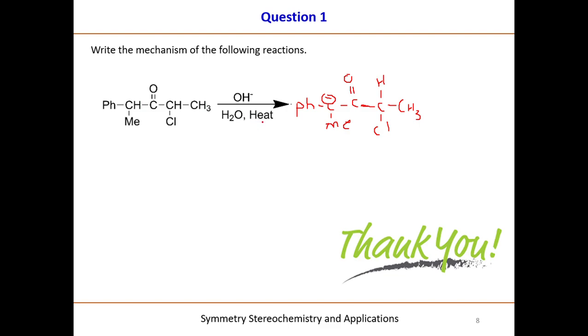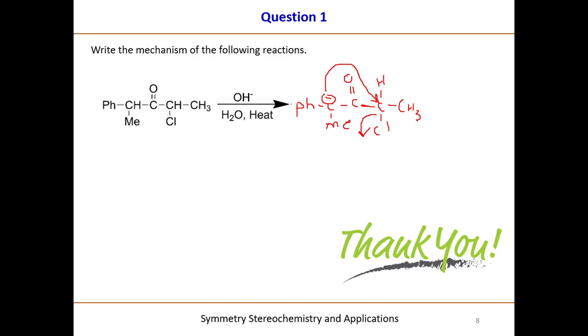Then in the second step, an intramolecular SN2 reaction will take place to form a cyclopropane ring. So here the intramolecular SN2 reaction will take place. This carbanion will attack this carbon atom, followed by elimination of the halogen group.